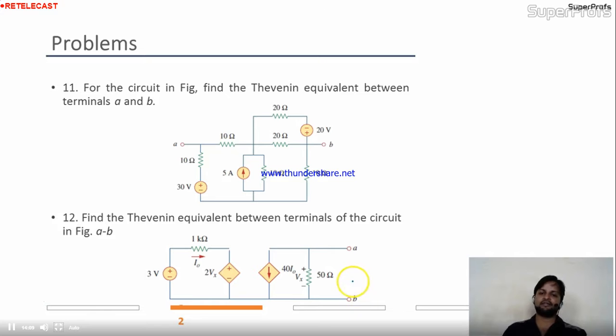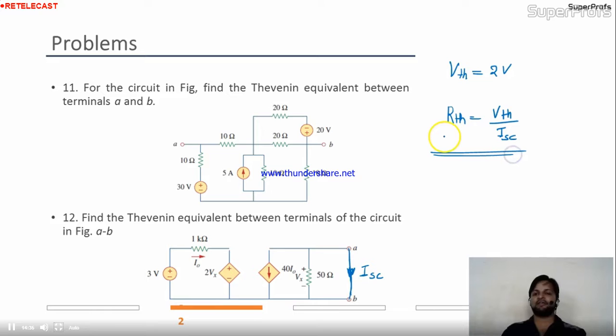You already found the open circuit voltage between A and B. That open circuit voltage is nothing but VTH, 2 volt. Now if you find the short circuit current over here, let's say it is ISC, the short circuit current, then VTH by ISC will be your RTH. Is it okay?